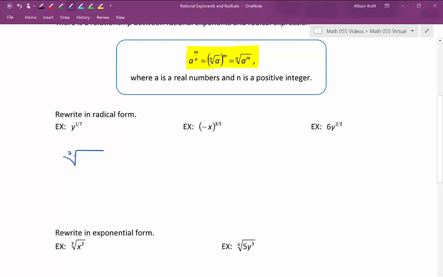The base, what's being raised to the exponent, is our radicand, so y goes underneath, and then all that is raised to our numerator power. This is the 7th root of y raised to the first. Now, we could clean this up because we know anything raised to the first power is just that thing, so we could go one step further in our simplification if we chose to and said this is just the 7th root of y.